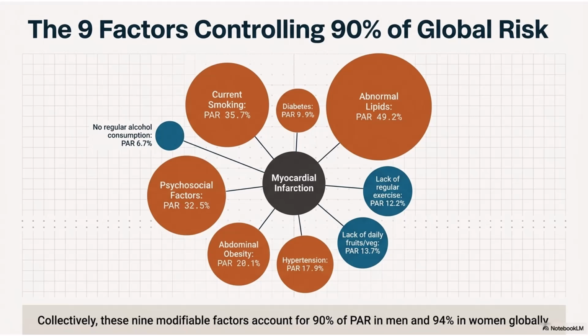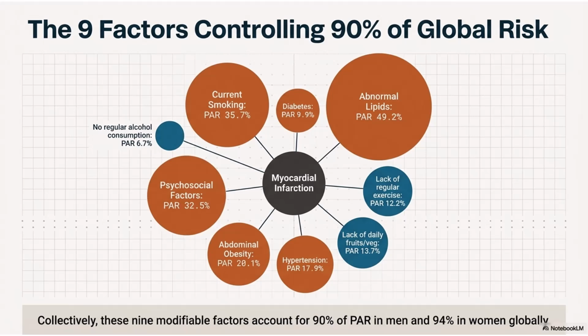Then, for example, we see abdominal obesity, hypertension, diabetes, diet, exercise, and alcohol patterns. So together, these 9 factors accounted for about 90% of the population attributable risk in men and about 94% in women globally. This is an astonishing idea.